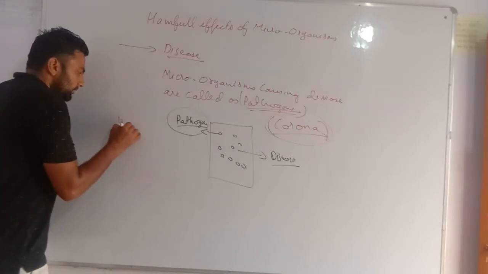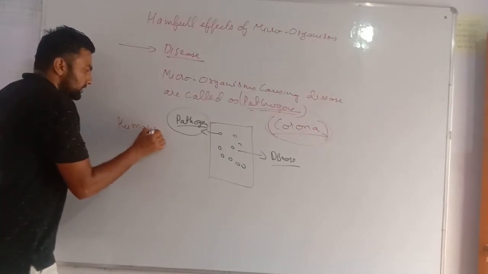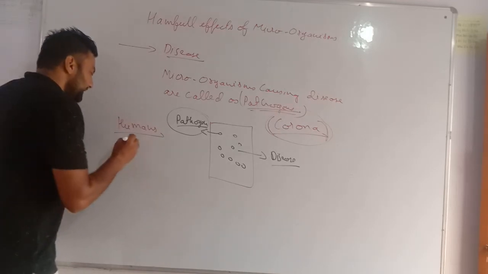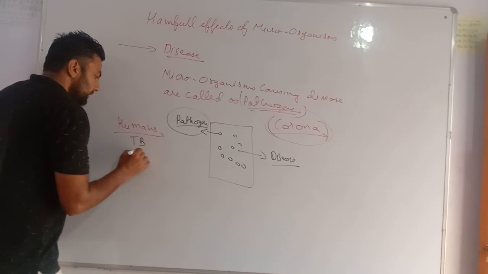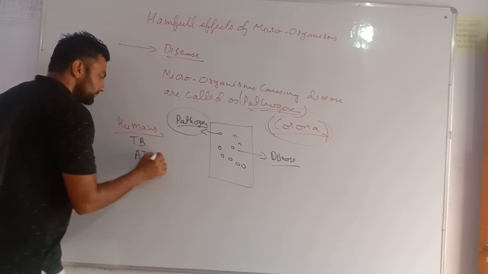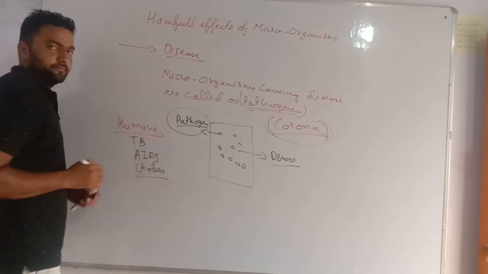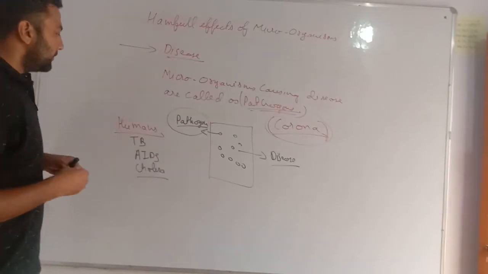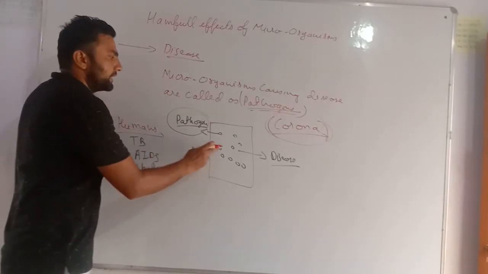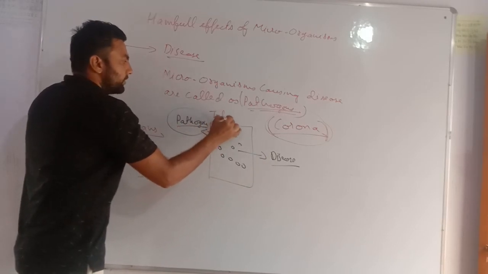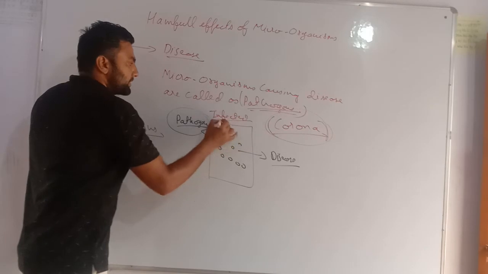Very important. Microorganisms cause disease in humans, such as TB (tuberculosis), AIDS, cholera, and many more. My dear students, the worst thing is that any person having any disease due to microorganisms is known as an infected person.